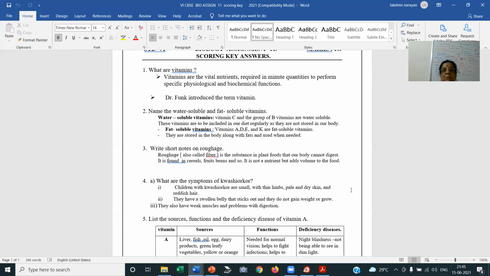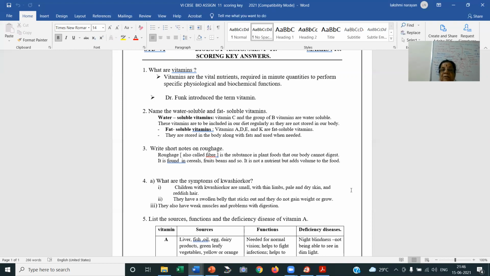The group of B vitamins are B1, B2, B3, B5, B6 and B12, which we have studied. Right? So the water soluble vitamins are vitamin C and group of B vitamins.